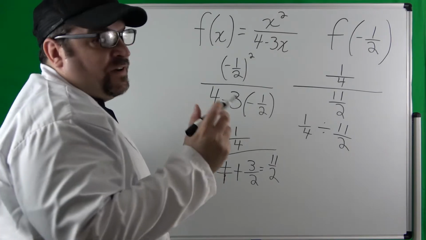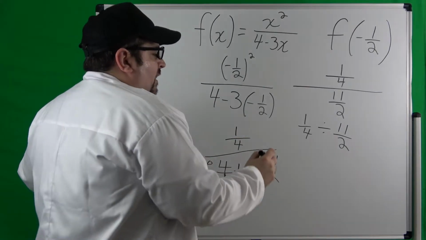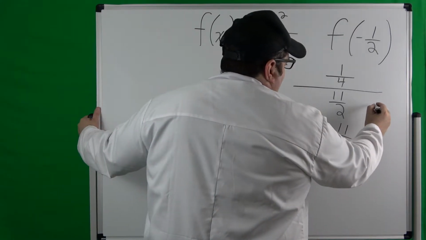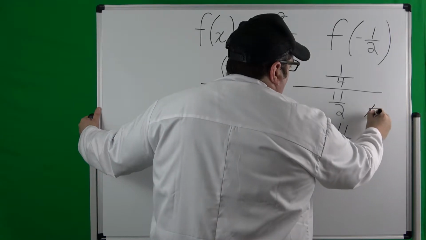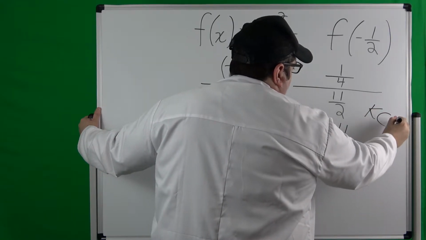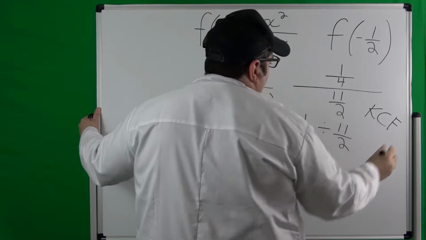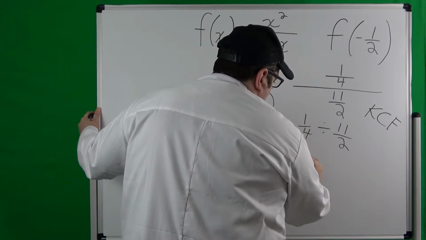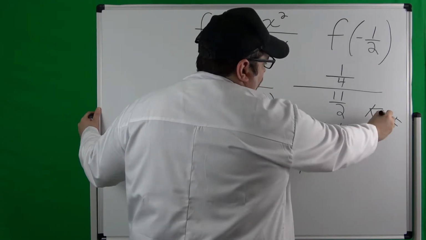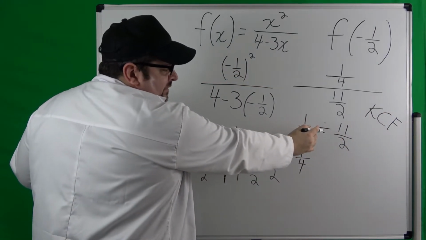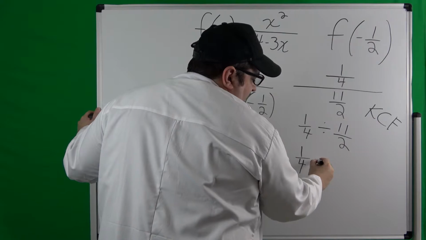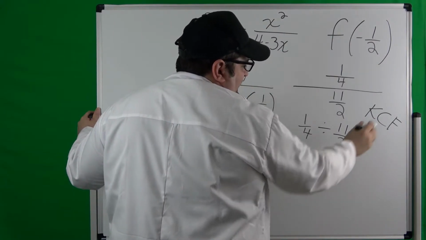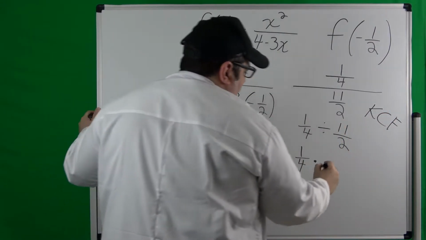So when you divide fractions, remember, keep, change, flip, KCF. Keep the first fraction, change the division to multiplication, and flip the second fraction.